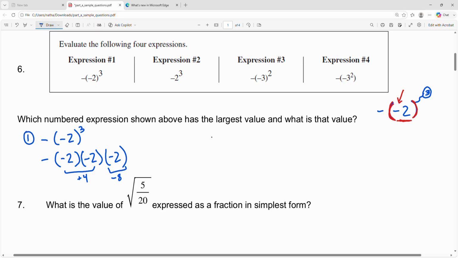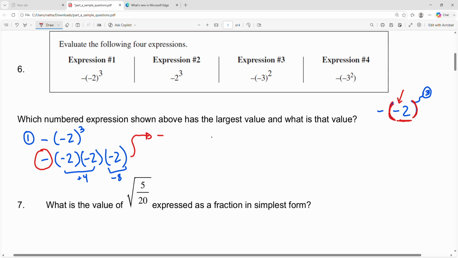But don't forget, we haven't done anything with this negative sign here yet. Okay, so if we put a negative sign in front of something, it's the same as multiplying by negative 1. Or you can just think of it as simply switching the sign from whatever it was, okay? So my result of all of this was negative 8, right? But I still haven't applied my negative sign.